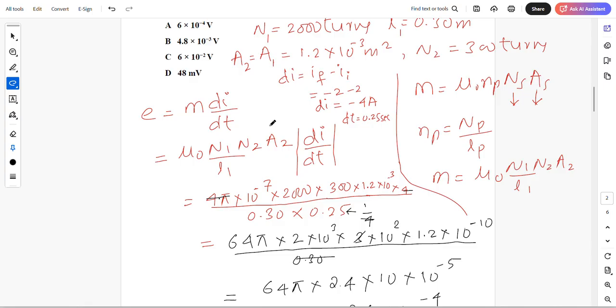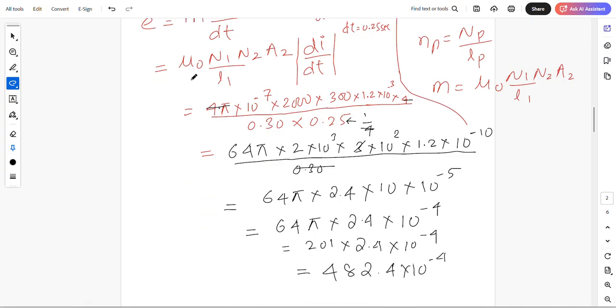You have to be careful here. Now I can write the same thing as 48 into 10 to the power of minus 3 Webers. That is nothing but 48 milliwebers.